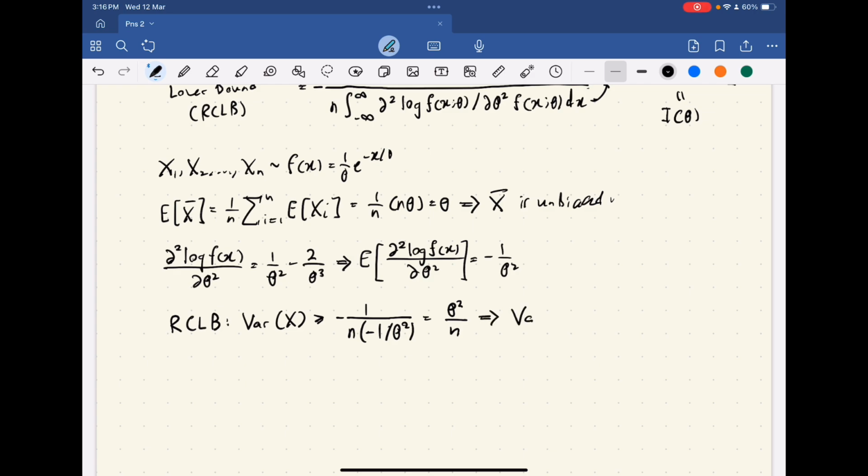So you have variance of x bar greater than theta squared over n, and this is your Rao-Cramer lower bound.